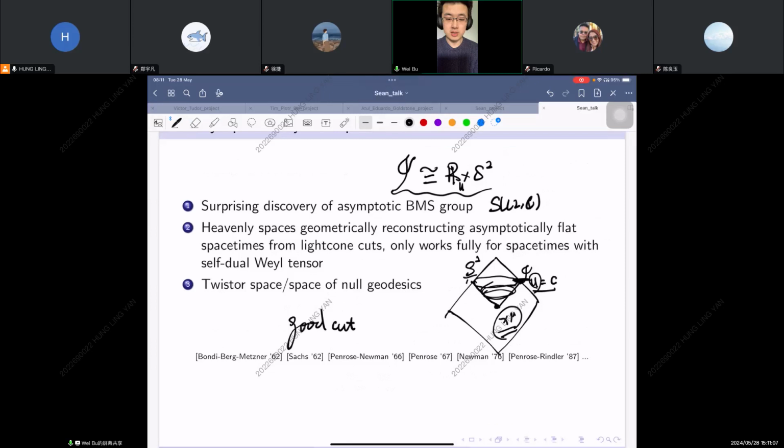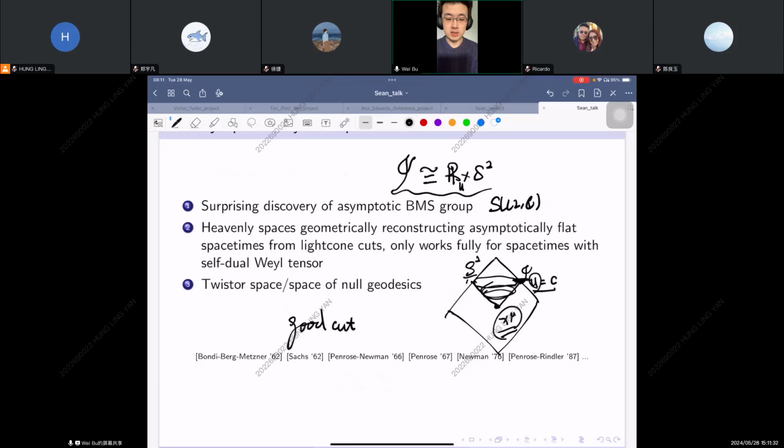And Newman found out this reconstruction geometrically actually only works for very specific radiative self-dual spacetimes. And Roger Penrose later picked it up and said, well, I can generalize this if you give me more data than the asymptotic data. It generalizes to work for any spacetime with a self-dual Weyl tensor, not just radiative ones, but still self-dual.